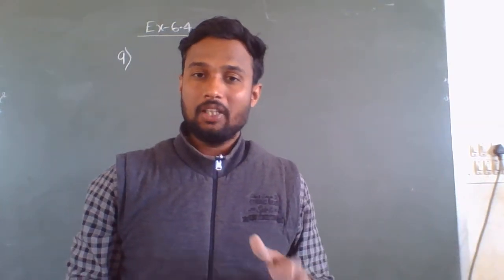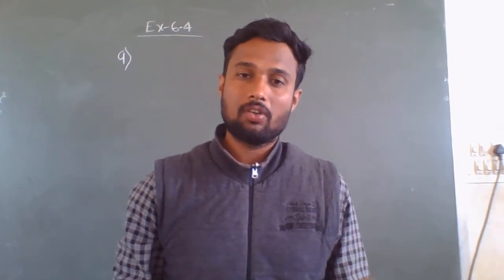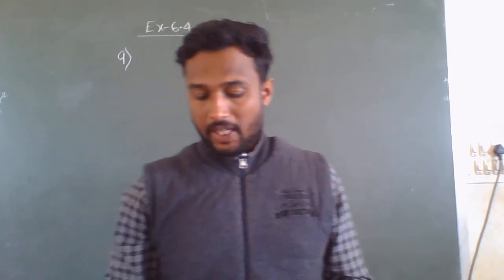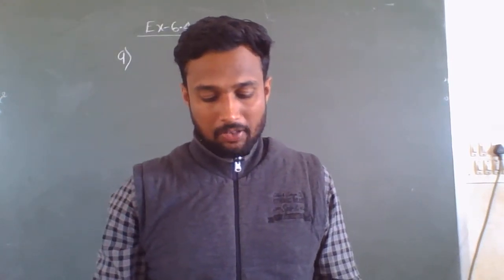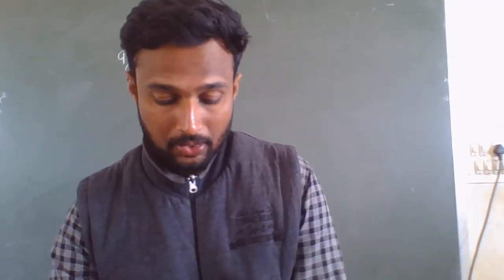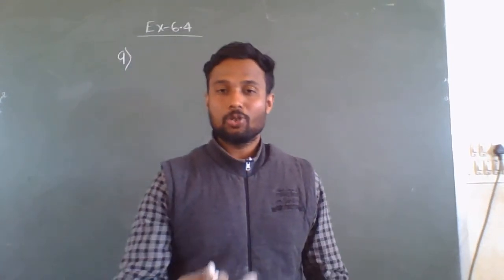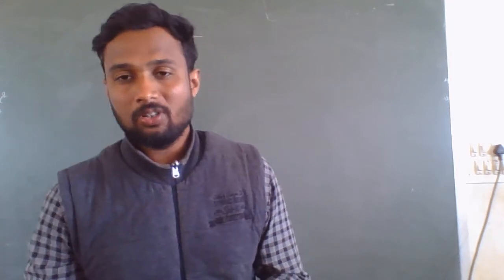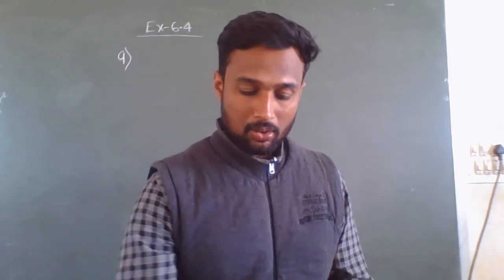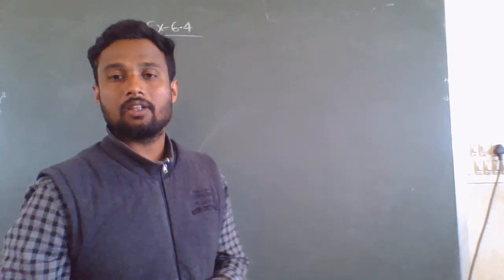Means this should be a perfect square number. To get the number of rows equal to the number of columns, we should get a perfect square number. So how many children would be left out in this arrangement? They are not considered, because we should get a perfect square number. That is what they are asking.